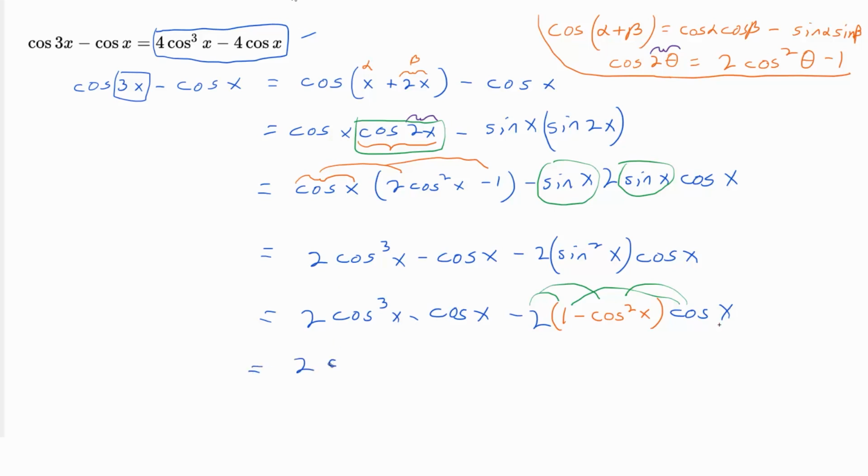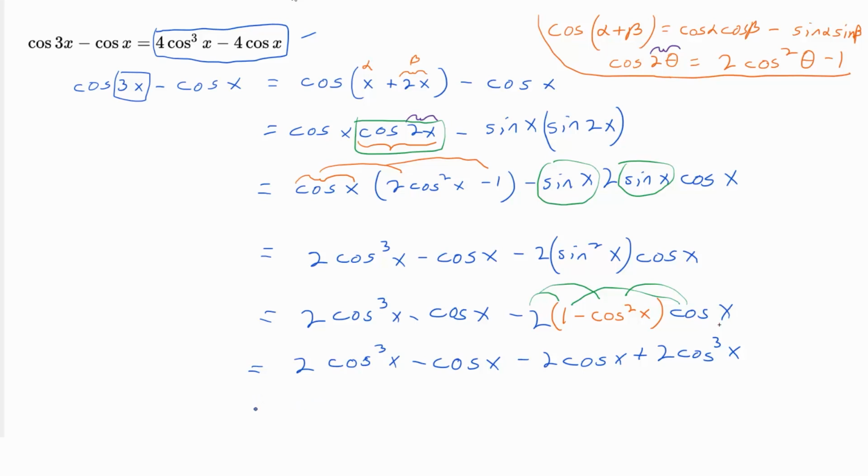We get 2 cosine cubed x, just copying down what's right here, and then minus cosine x, and then minus 2 cosine x plus 2 cosine cubed x, because I'm distributing a minus over a minus, so plus.